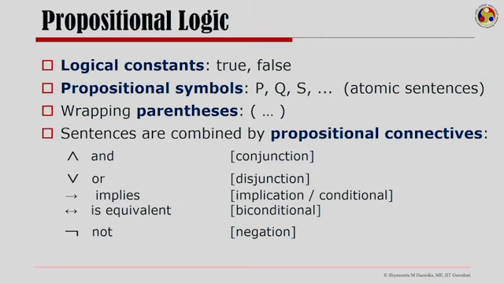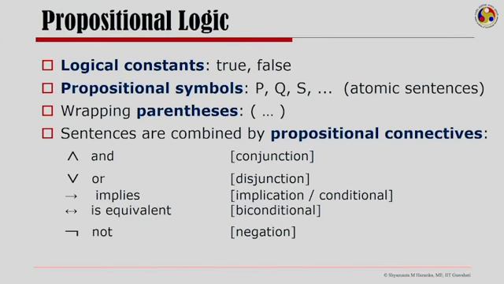So, we have looked at propositional logic and we have seen that it has logical constants, propositional symbols, and parentheses. Sentences are combined by propositional connectives of conjunction, disjunction, implication, biconditional and negation.